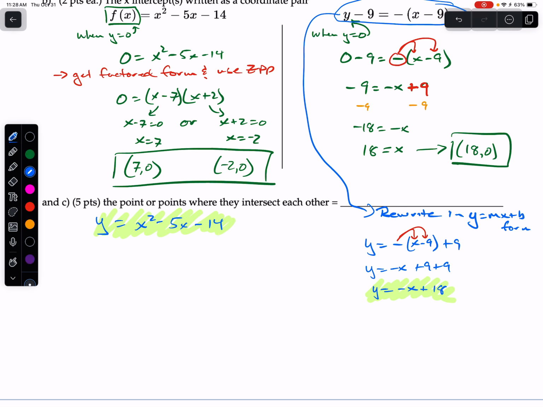So we want the two y's to be equal to each other, which means that x squared minus 5x minus 14 has to equal minus x plus 18.